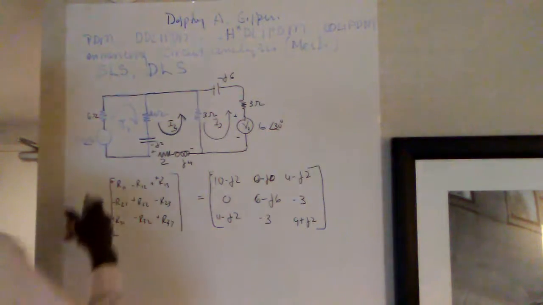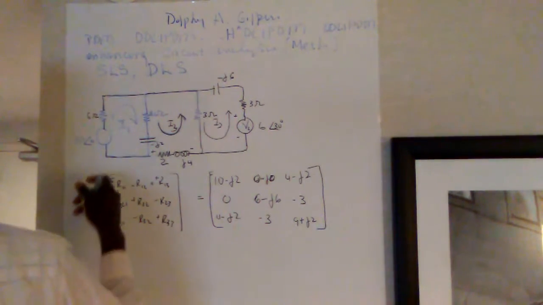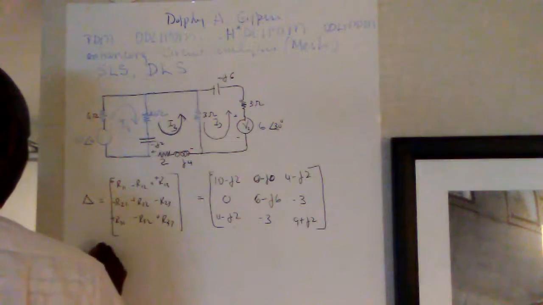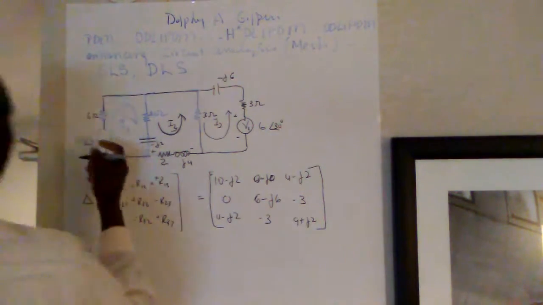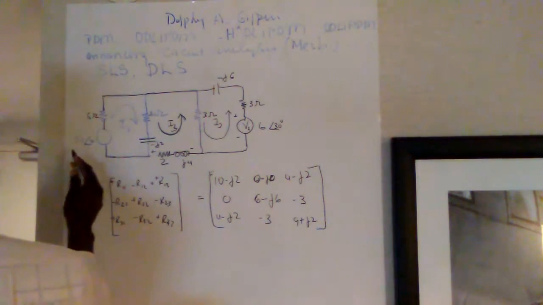And let's do the voltages now. For V1 in mesh 1, we have now 10.